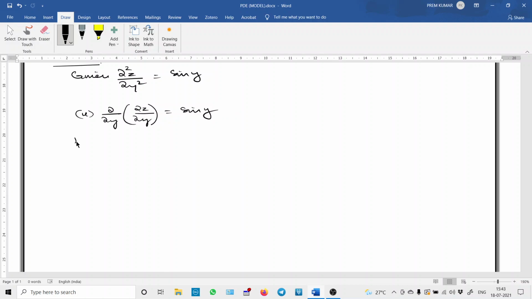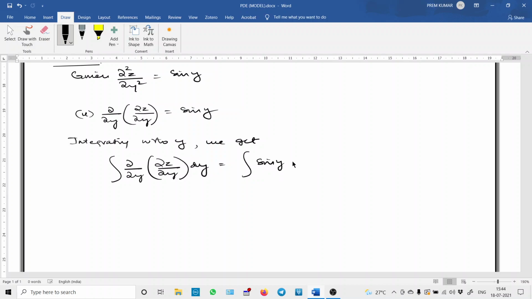Now integrating with respect to y, partially means we just keep the other variable as a constant. Integrating with respect to y, we get, the same thing we have to do on the right hand side also, the integral of sin y dy, and since we have to add one constant of integration, that can be some function of x.